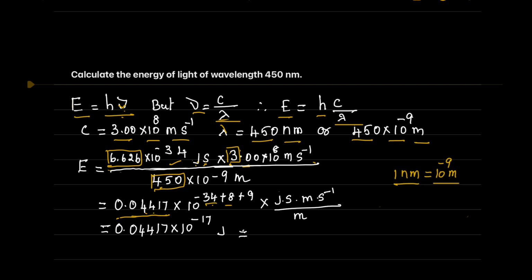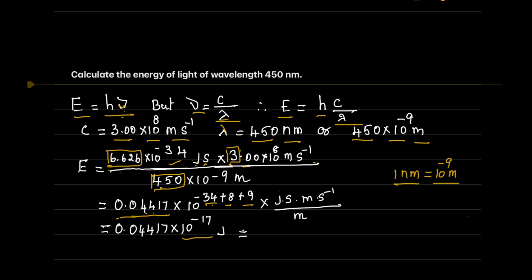And coming to the exponential part, it is 10 raised to the power of minus 34 into 10 raised to the power of 8 divided by 10 raised to the power of minus 9. This minus 9 will become plus 9 when you bring it to the numerator side. So on solving the exponential part, we get 10 raised to the power of minus 34 plus 8 plus 9, which gives 10 raised to the power of minus 17.